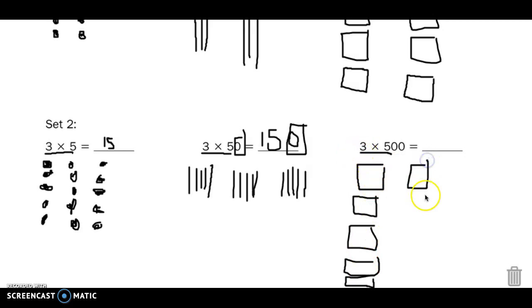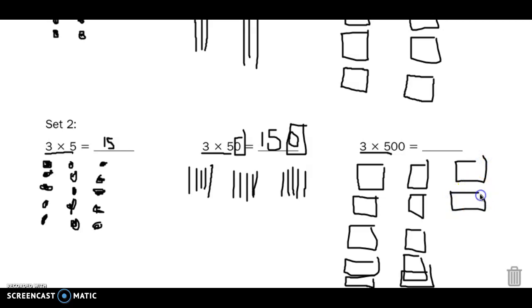So 1, 2, 3, 4. Oh goodness, I'm going to have to overlap. 5. 1, 2, 3, 4, and 5. So I have 3 rows, 1, 2, 3 of 500, 500, and 500.